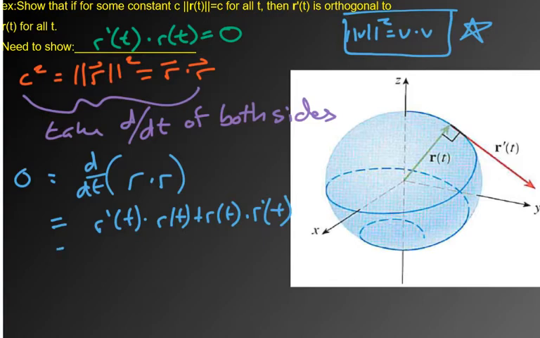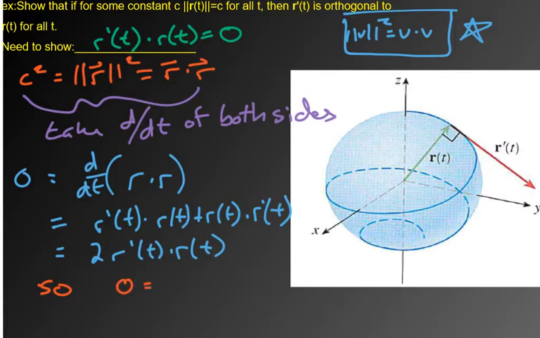And so here, the order really doesn't matter with the dot product. It's not like that with the cross product, but with the dot product, it doesn't matter if you do a dot b or b dot a. They're the same thing. So really I have 2 of these r prime of t's dotted with r of t. And so we have 0 equals this. Then we can just divide by 2, right?